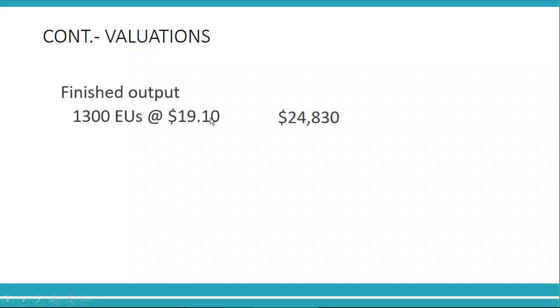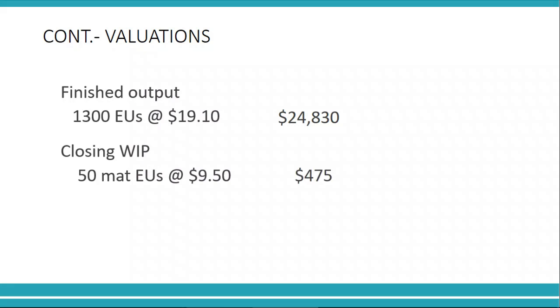It gives you 24,830. Then you've got closing work in process. Your closing work in process were 50 material units. You remember 50 units were 100% complete with respect to material, and the cost of one equivalent unit of material was 9.50.